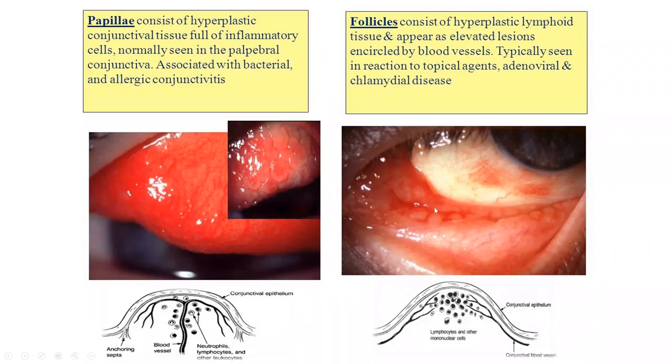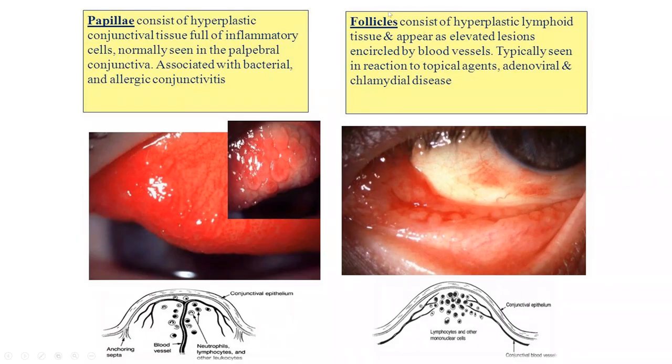Follicles appear not reddish with a reddish head like that in papillae, but look more like grayish white elevations with an avascular center. This is very important. Here the center is vascular, here the center is avascular. Follicles are not very prominent or don't develop in neonatal conjunctivitis in the first 2 or 3 months, because the immunological system is not yet well developed.